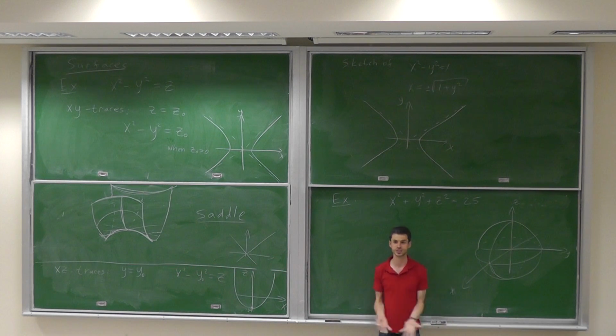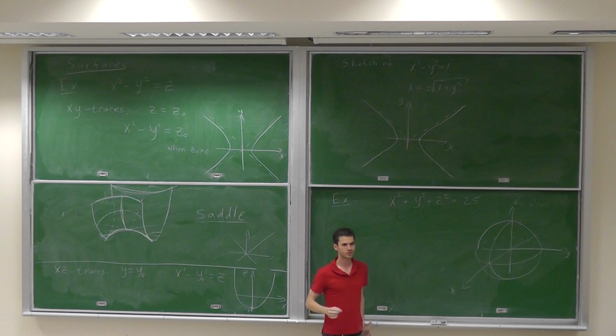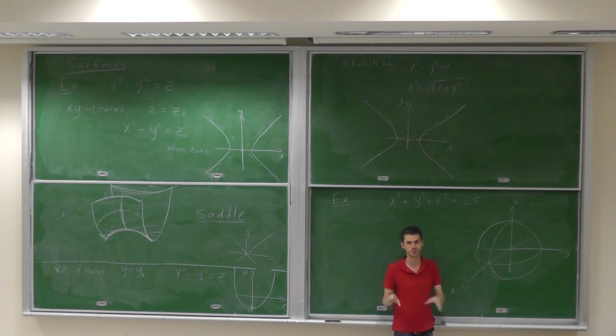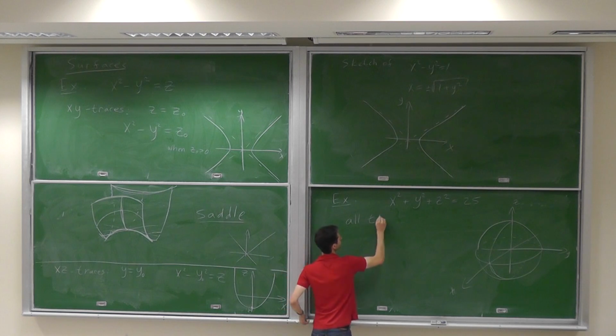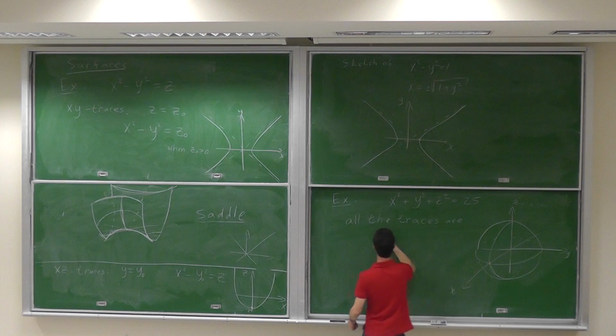It is just the surface of a ball. If you look at other sections, other traces, you see that they are circles, but with smaller radii. So all the traces are circles.